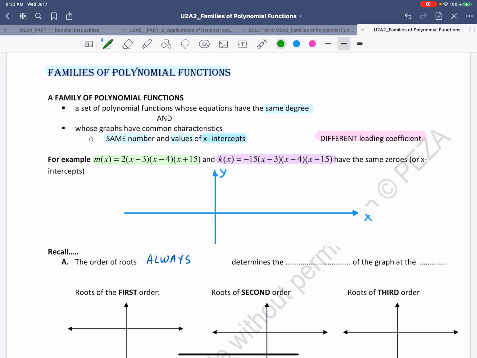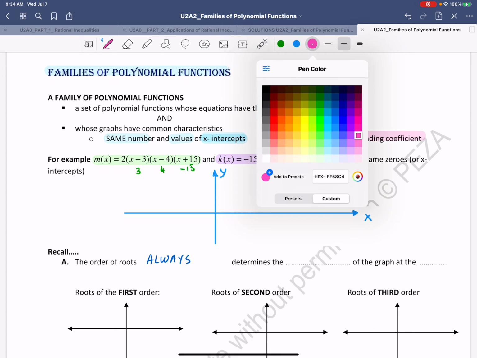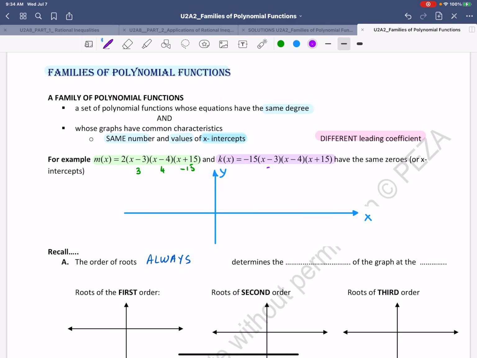So I will start off by graphing the first one. It's not going to be a precise graph, a sketch, I would say. So the x-intercepts are at 3, 4, and negative 15 here. And the x-intercepts will be 3, 4, and negative 15 here as well. So here we go. I'm going to mark the x-intercepts first using the respective colors.